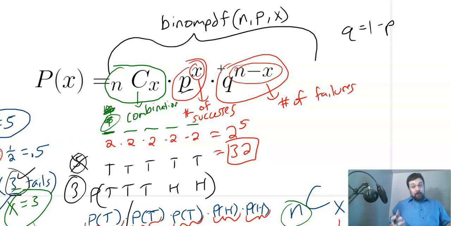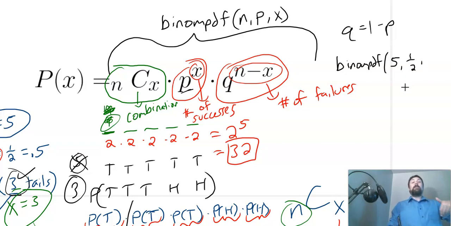Then I'm going to type in, let's just confirm our answer in this case. So for the 3 tails out of 5 coin flips, what I would type in is Binomial PDF. And then I would type in 5 for the number of coin flips. 1/2, you can do fractions there, or you can put 0.5 if you prefer. 1/2 for the probability of a success on any one coin flip, right?